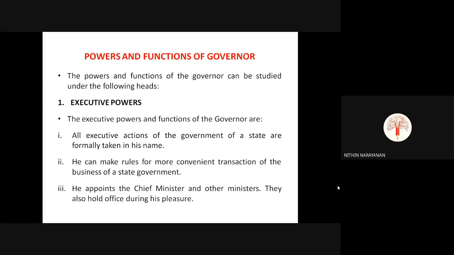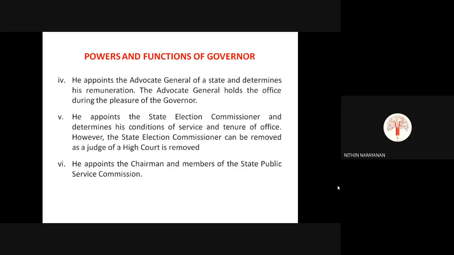He also appoints the chief minister and other ministers, the advocate general, and the state election commissioner, who can be removed only as a judge of the high court is removed. And he also appoints the chairman and members of the state PSC.